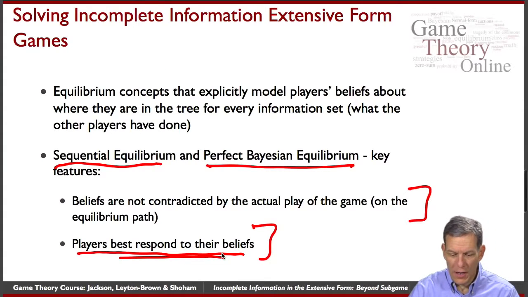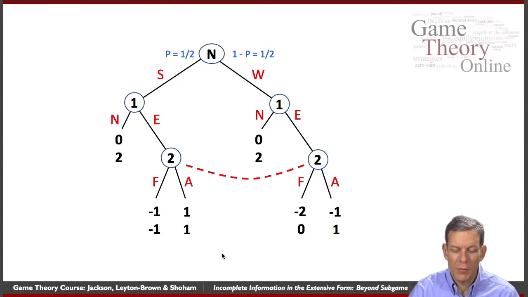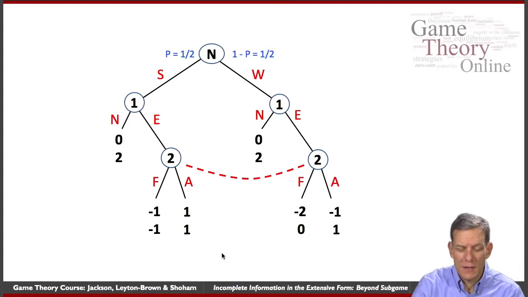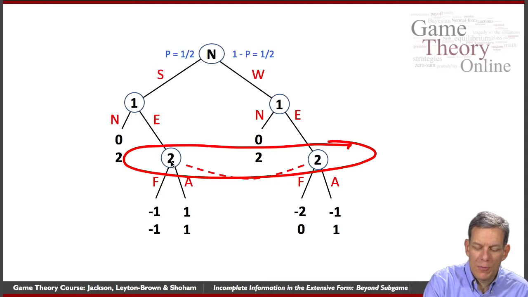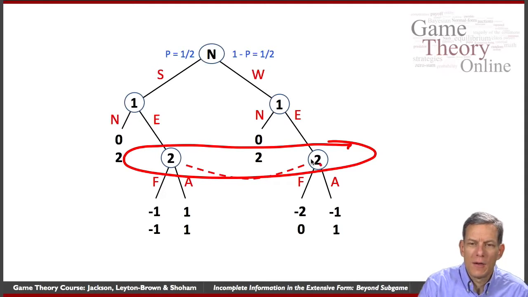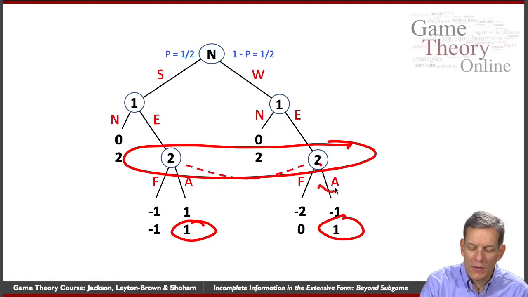So if we look at this game again and we require that players have beliefs at different information sets, here what we would have to have is that player 2 has to say, what's the probability that I'm here, what's the probability that I'm here? So they have some beliefs. But notice in this game, no matter what those beliefs are, they should always acquiesce, right?